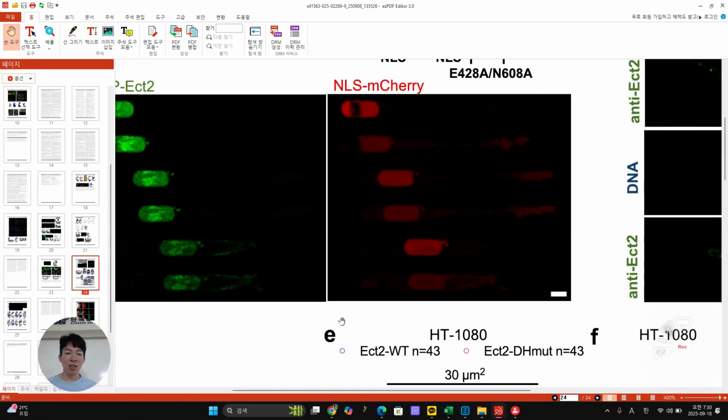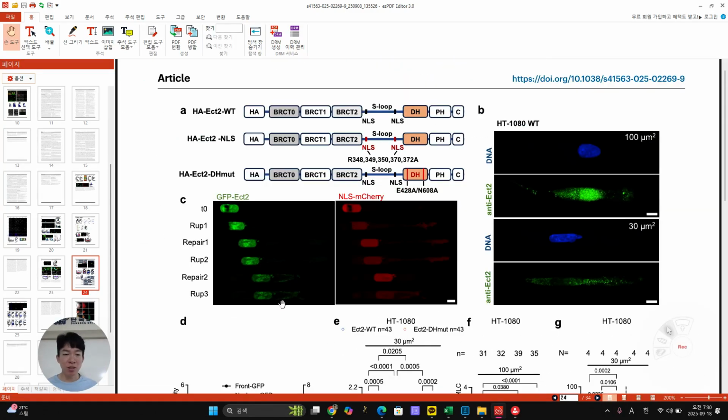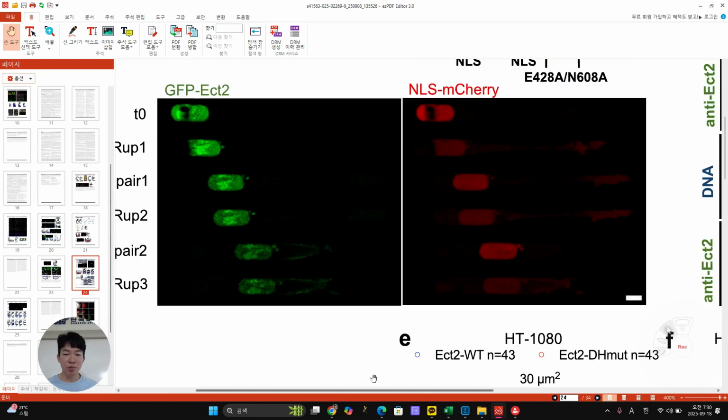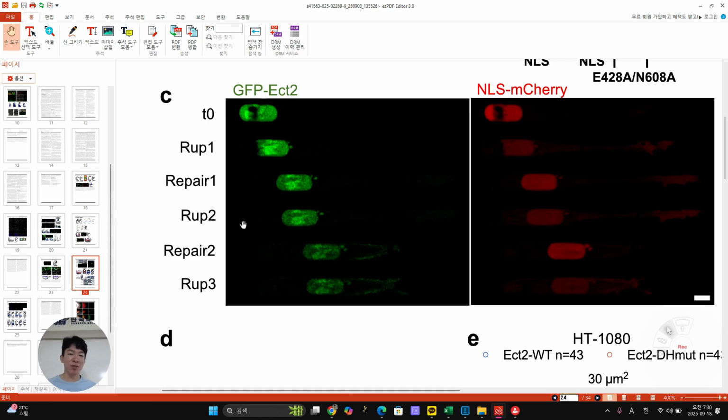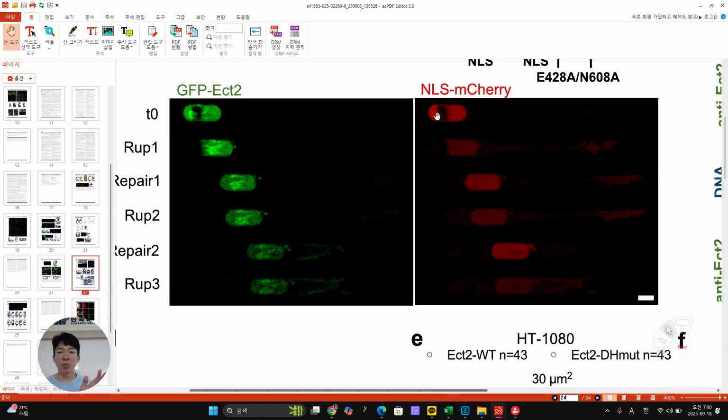And then here, along with that, anillin here. Rupture means that, okay, how do you analyze rupture in a live pair? From the NLS mCherry. NLS mCherry should always be localized in the nucleus; when it leaks outside the nucleus, that is called rupture. So this is intact. But here, a little bit, they are ruptured like this, right?